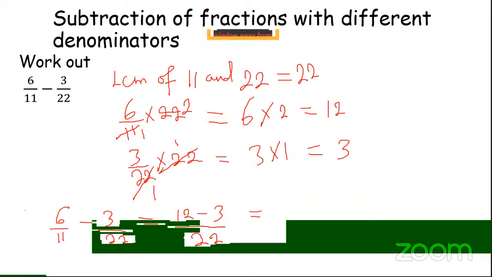So this would be the same as 9 divided by 22. Can we reduce it further? Can this fraction be reduced further? No. So that would be our final answer.